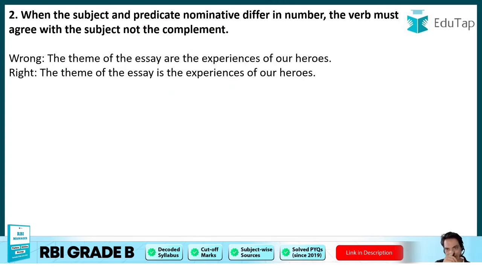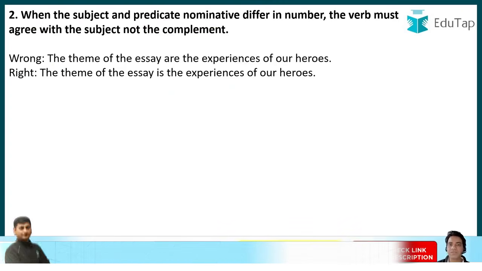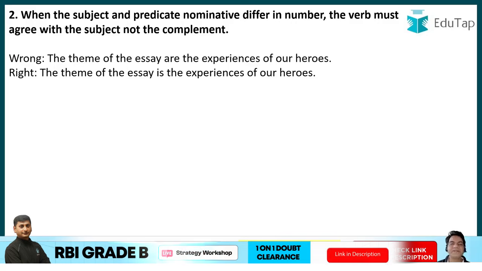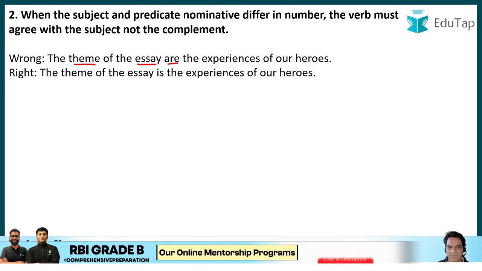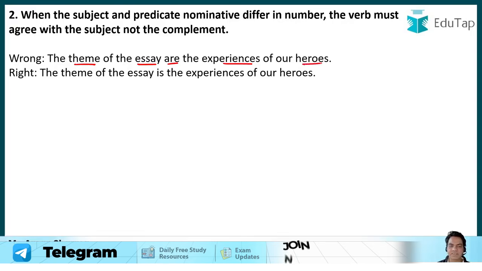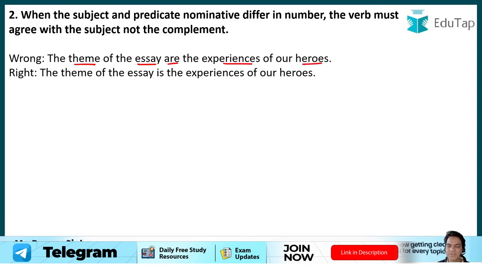Now rule number two, guys, you also need to understand how to identify the subject. Let's look at the example. The theme of the essay are the experiences of our heroes. Now what is the subject here in the sentence? The theme, essay, experiences, or heroes.